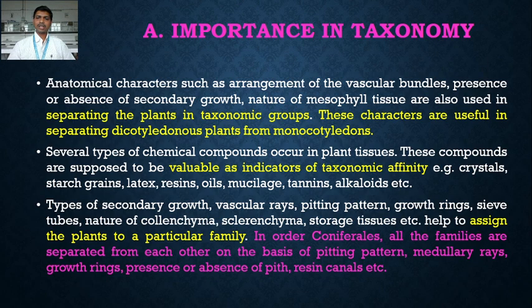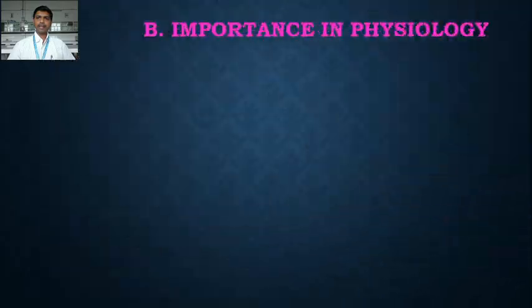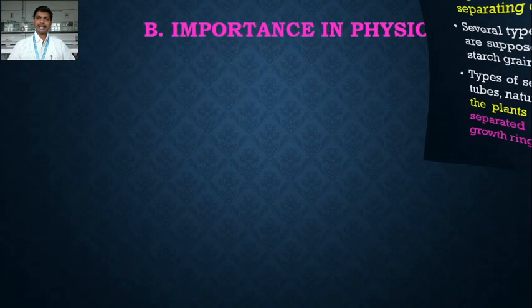In the order Coniferales, all the families are separated from each other on the basis of pitting pattern, medullary rays, growth rings, presence or absence of pith, resin canals, etc. So these are the anatomical characters or structures found in the plant which help to assign the plants to a particular group or family. So this is the importance of anatomy in taxonomy.